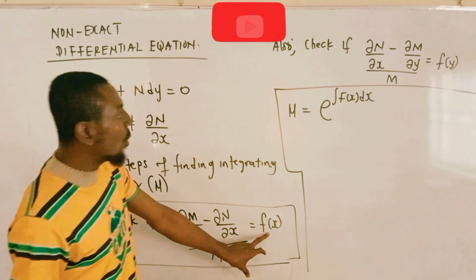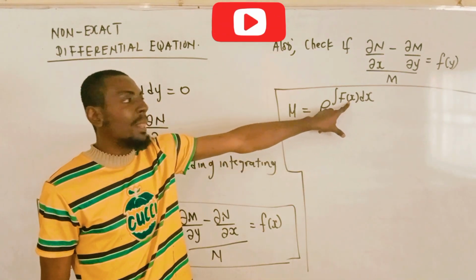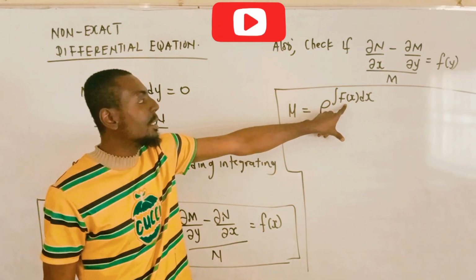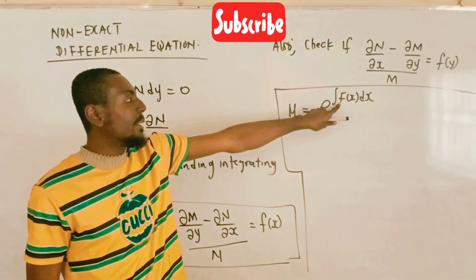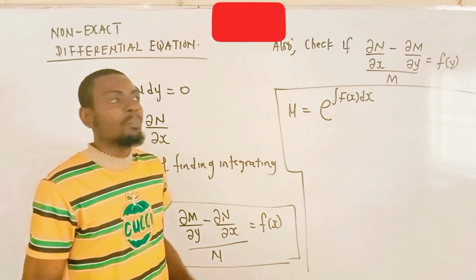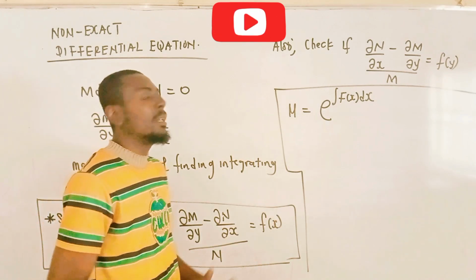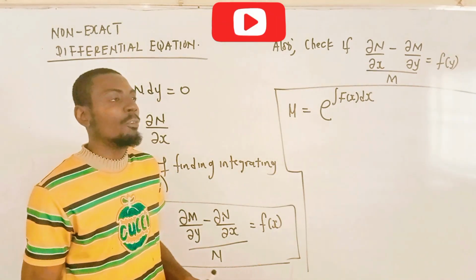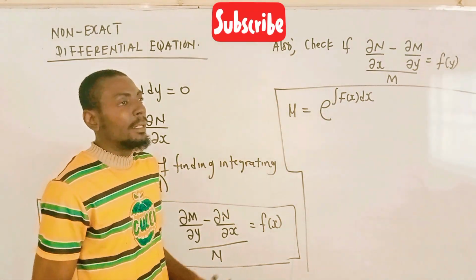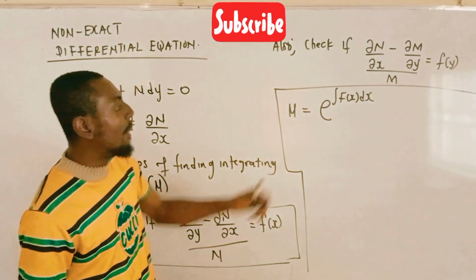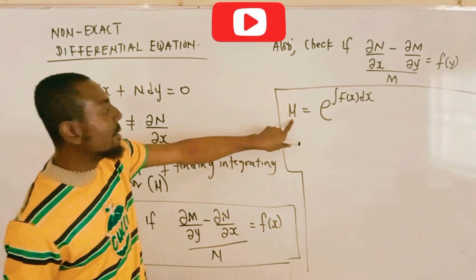The f of x we got here, we put it up here and find the exponential integral. We integrate f of x and then remove the exponential by applying the natural logarithm of both sides. And of course, we have our mu, the integrating factor.